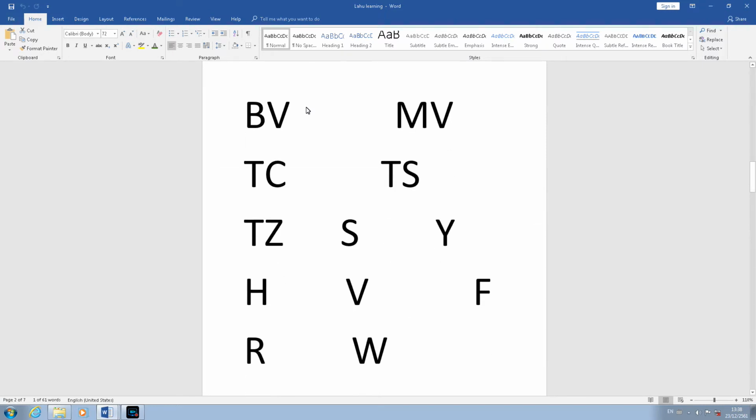Go to the next word. V. This word is v. It is moon. The Lahu sound is moon.